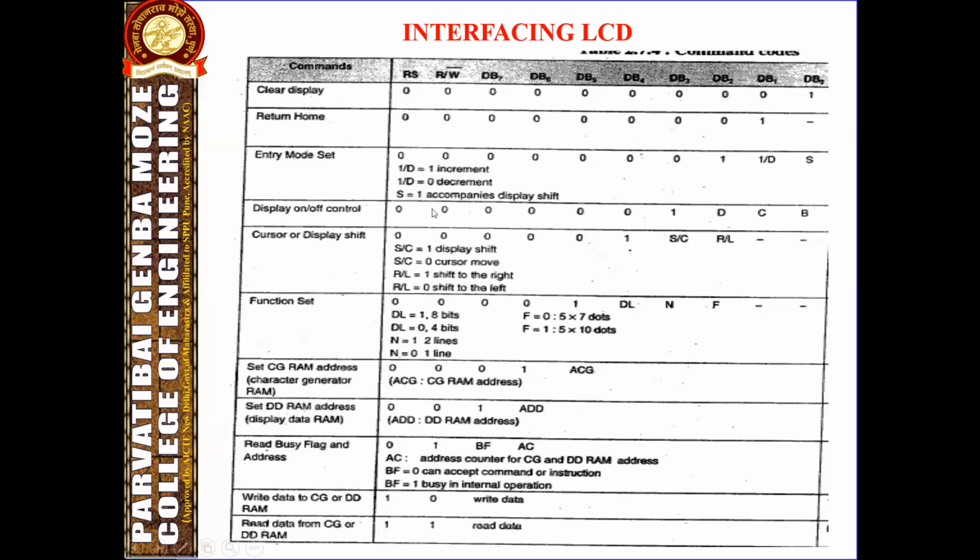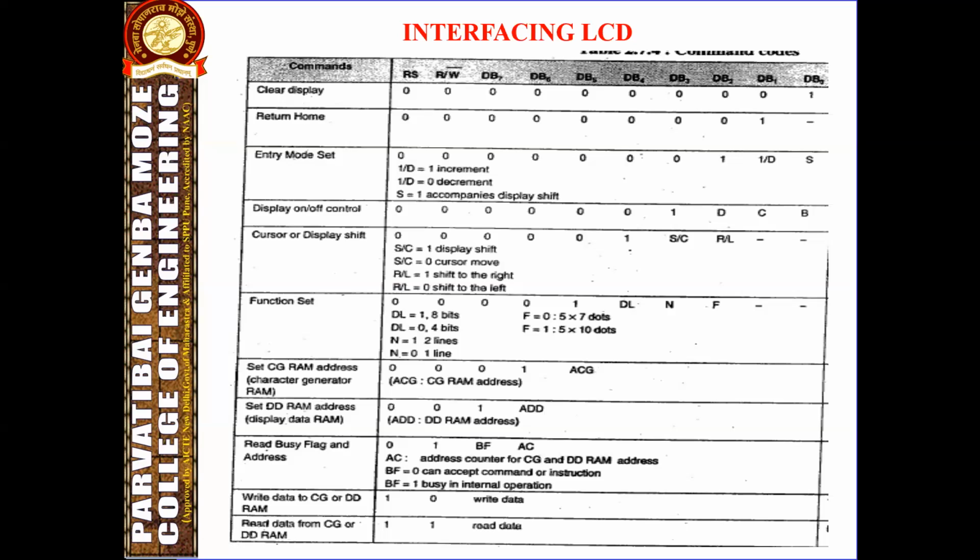These are the command codes to perform particular operations in an LCD. The command code can be used to display or force the cursor to the home position, or to blink the cursor. We have to write commands like that. In order to display a message on the LCD module, we need to initialize the LCD, and the LCD is initialized by writing the command code into the command register.